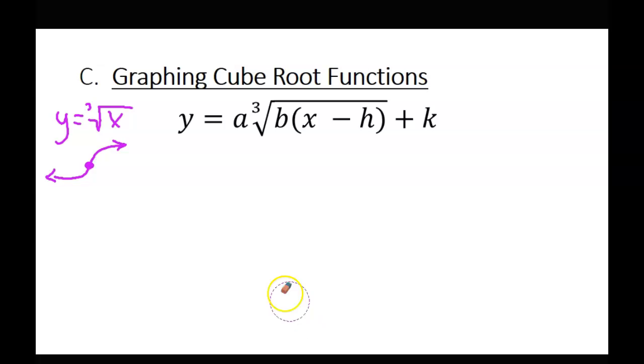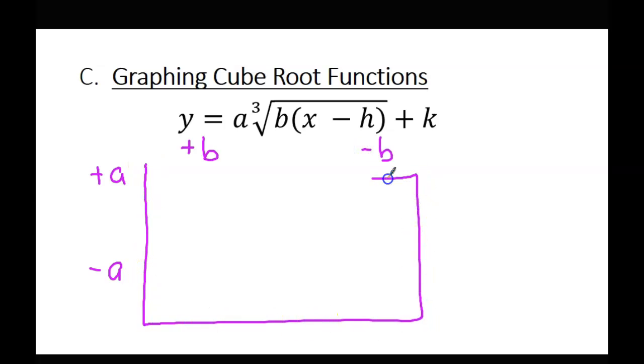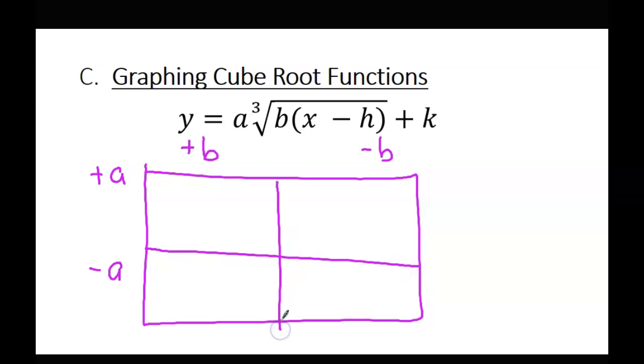So I'm going to give you another chart, once again, based on whether the A is positive or negative, and whether the B is positive or negative. When they're both positive, it looks like what we graphed at the beginning of class today, and your starting point H, K is right there in the middle.